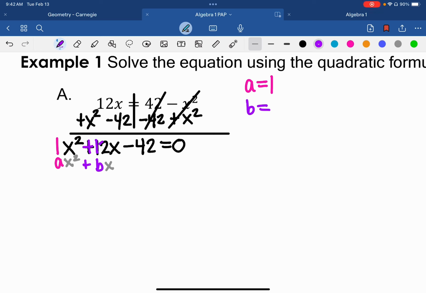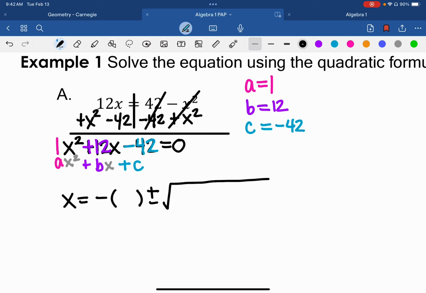This is a positive 12 for my B. And lastly, my C term will be right here after the x. Remember to take the sign because this is a negative 42. Yes, it matters. Now I'm going to grab my formula from up above, and I'm going to make what I call a skeleton. I'm going to get everything ready for my substitution.